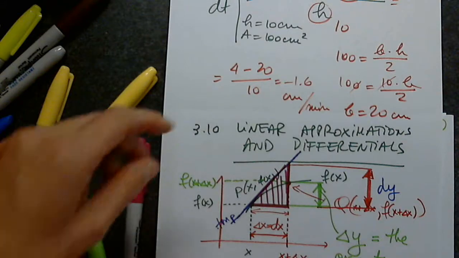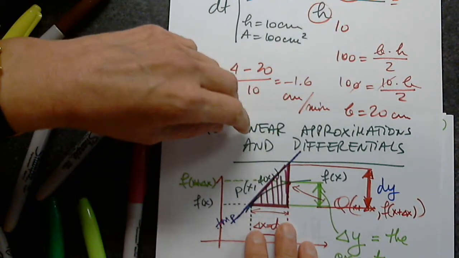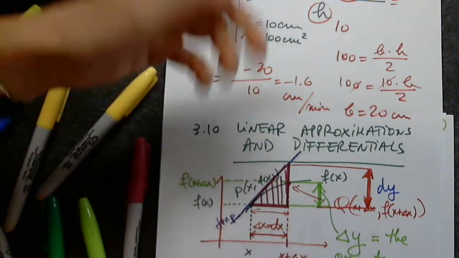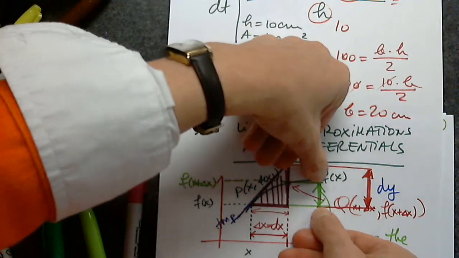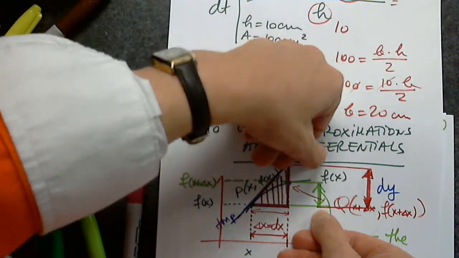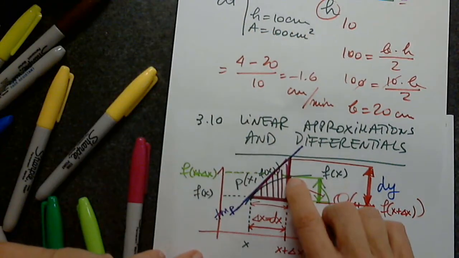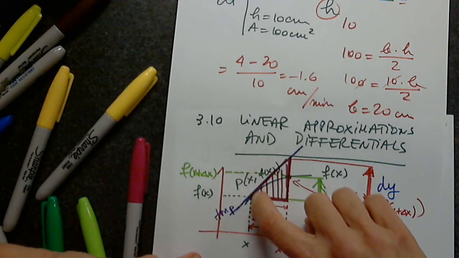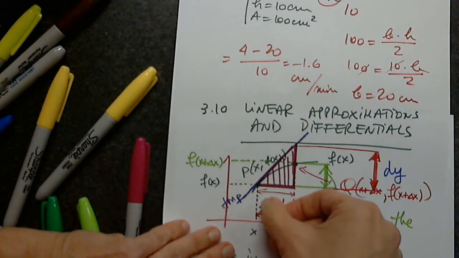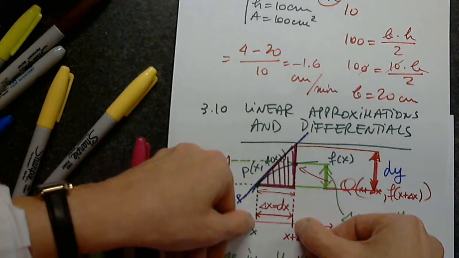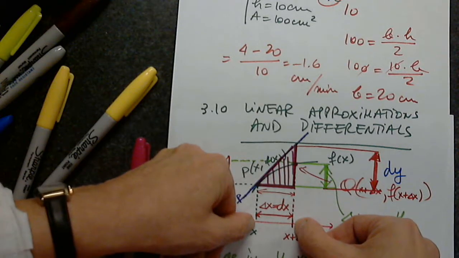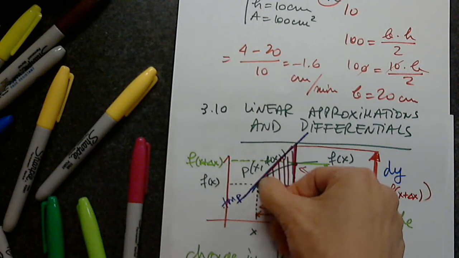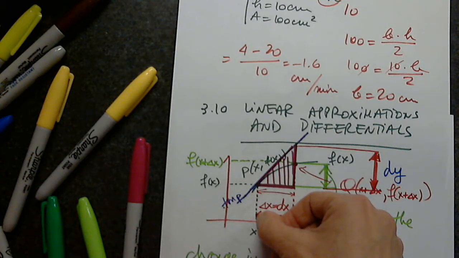Now you can say, but this is a huge difference. Look at delta y and look at that dy. But just remember, the change in x is 1, not 15 as I showed you here. The change in x is at most 1.